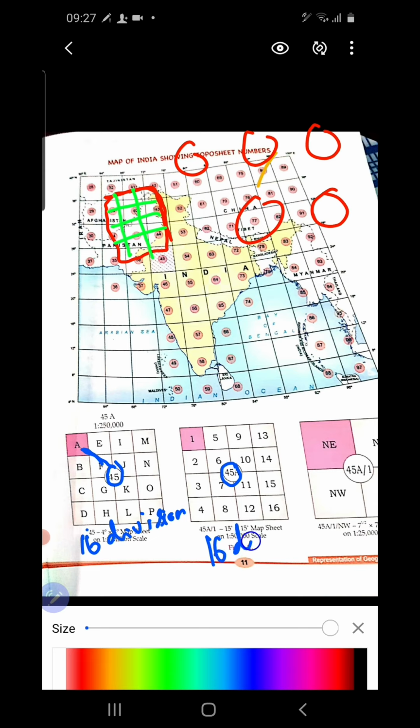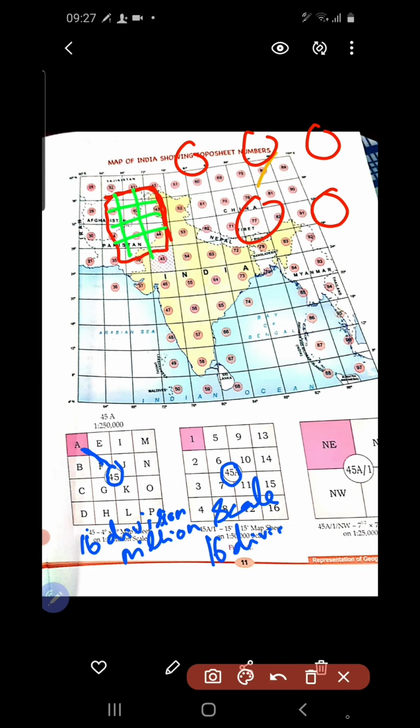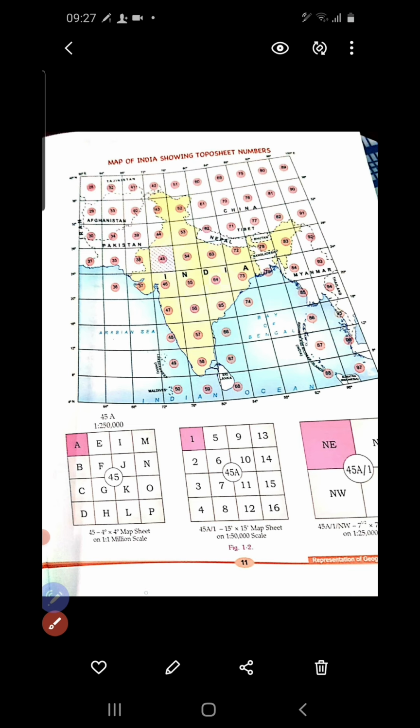This system of 16 divisions is called the million scale. They adopt the million scale because these are all larger areas. So instead of going for 50,000 or 250,000, they adopt the million scale. Understood? So this is all about this particular topic.